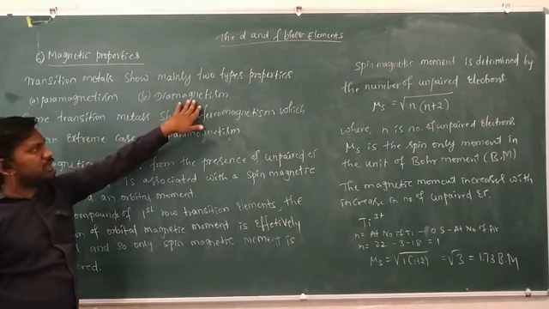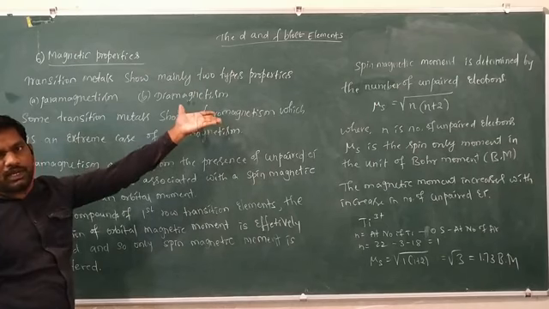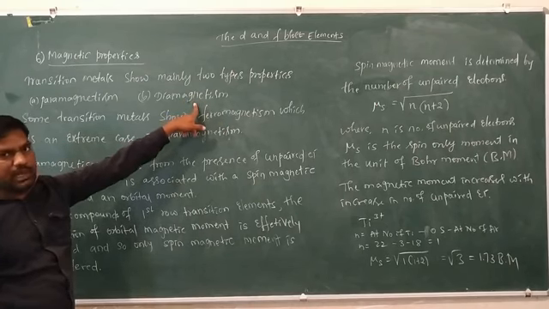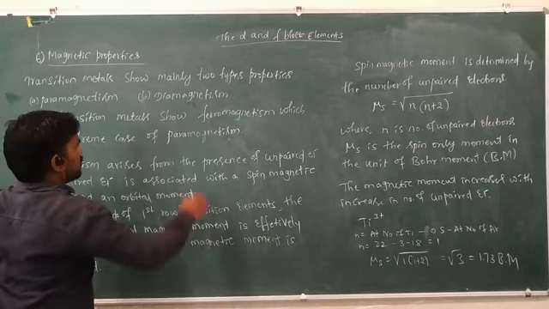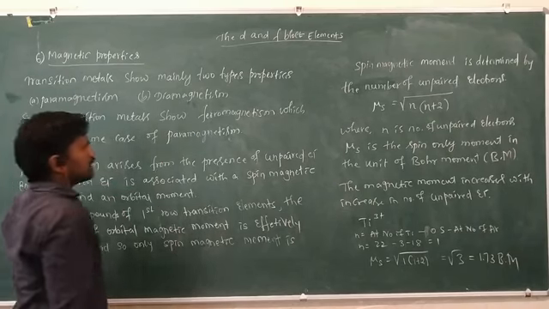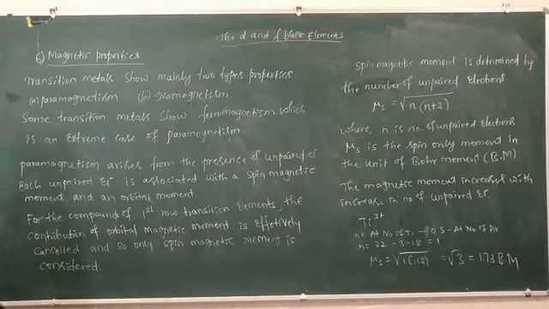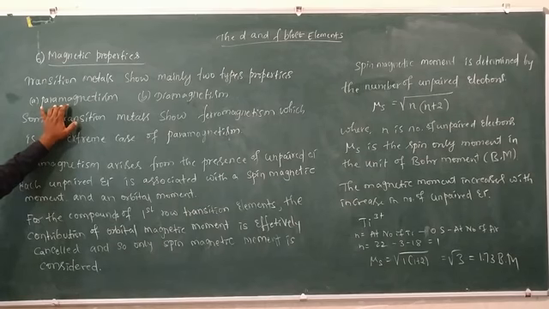Diamagnetic means there are no unpaired electrons, so they repel or cancel each other, and there is no attraction to the magnetic field.